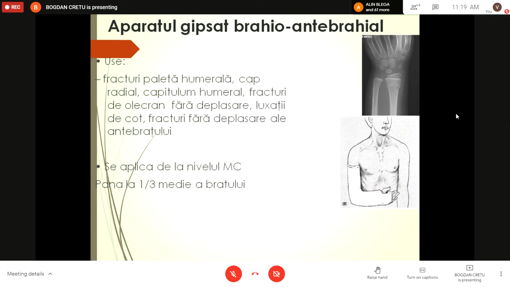That rarely happens, but it could be used. We apply it from the level of the metacarpophalangeal joints to the middle third of the arm.